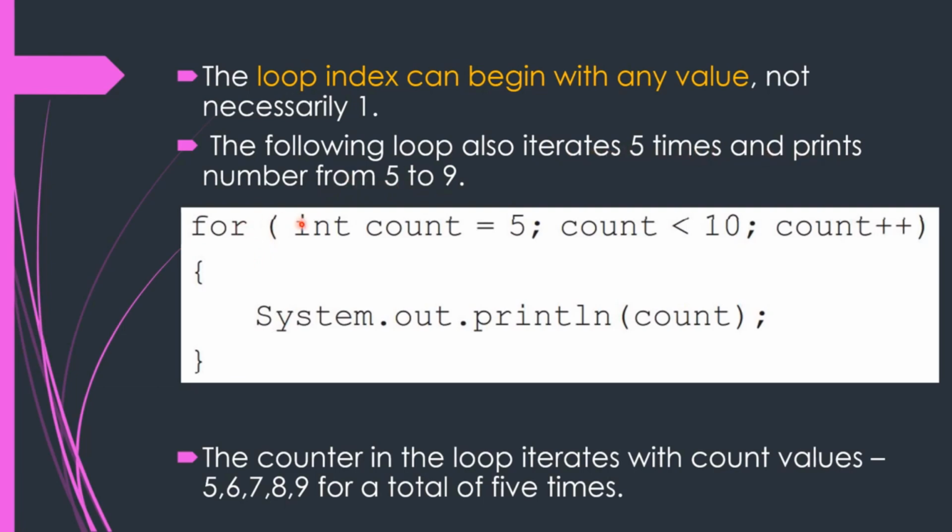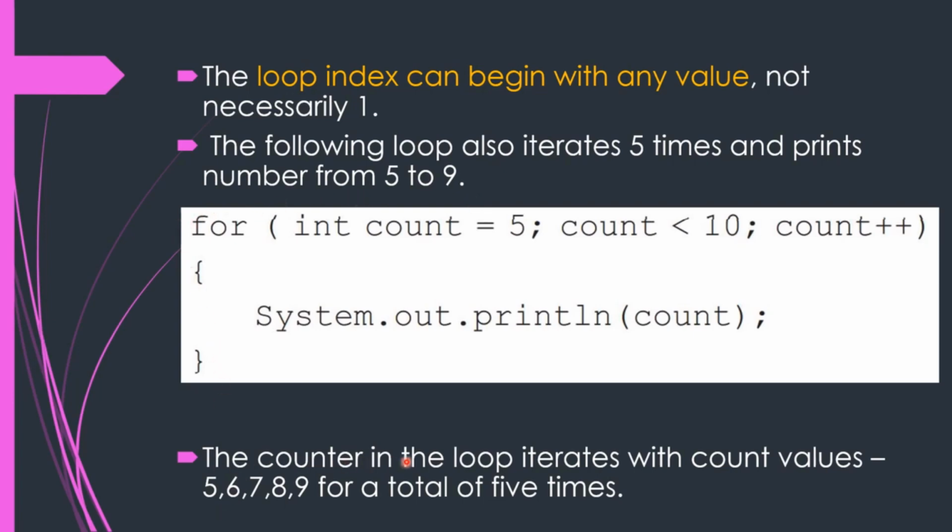So this loop is basically used for iterating 5 times, means it will go through the loop 5 times. And what will it do? It will print the numbers from 5 to 9. It is indicating the example that loop index can begin with any value, 5 also, and it is not necessary that it will begin only with 1. So it is not necessary.